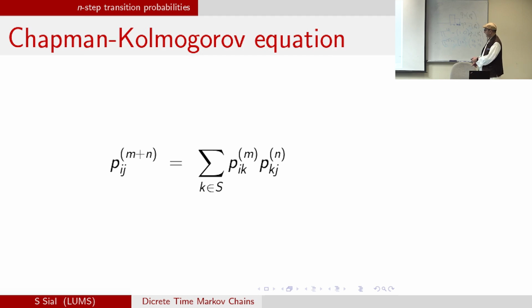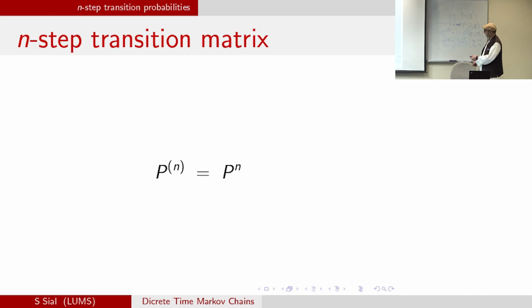And so this is in terms of these m-step and n-step probabilities. If you take P and you raise it to the power n, the ij entry of this is the probability that if you were currently in state i, then in n steps you would end up in state j.